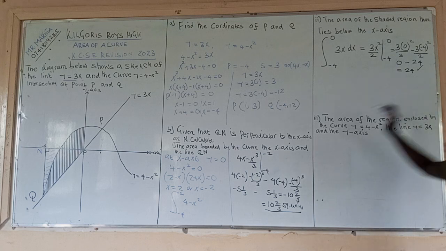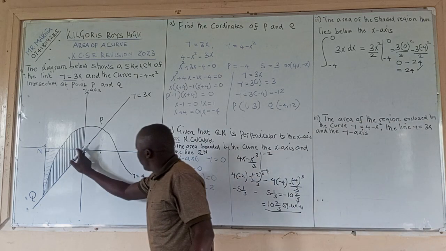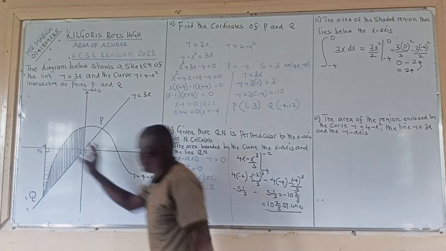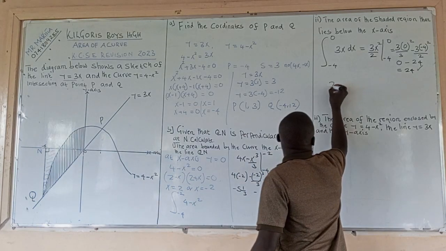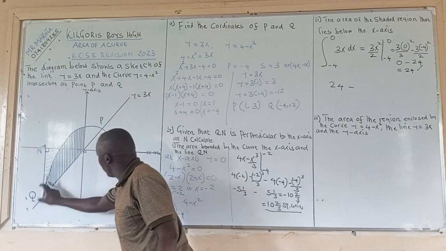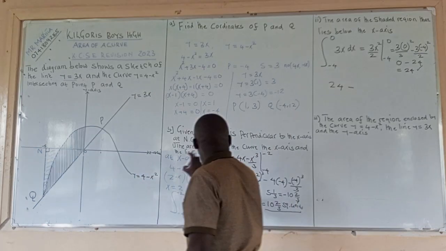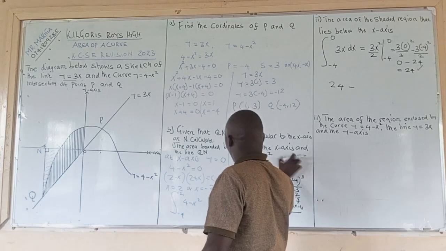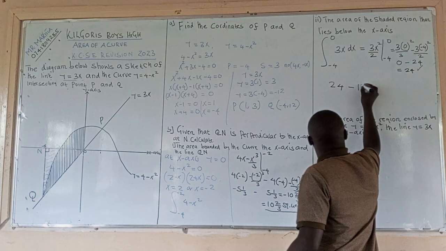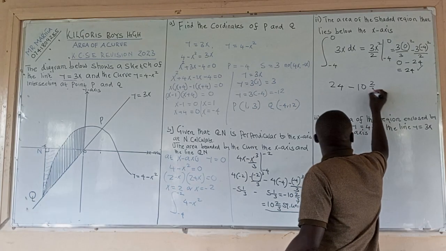square units. Therefore, the area of this shaded region is the area of this triangle, which is 24, minus the area of this side, which is the area bounded by the curve, the x-axis, and the line QN. So we subtract 10 and 2 over 3.